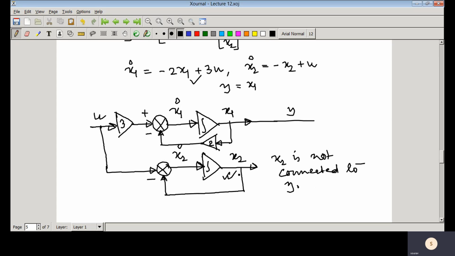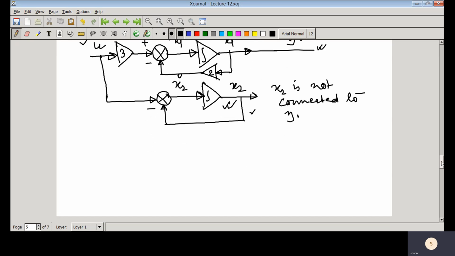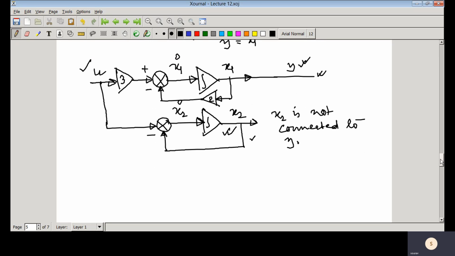That means the effect of x2 is not reflected in the output. So just by looking at u and y, even if you know the A, B, C, D matrices, you won't be able to calculate this x2. So from this state diagram, it is clear that this particular realization would not be observable.